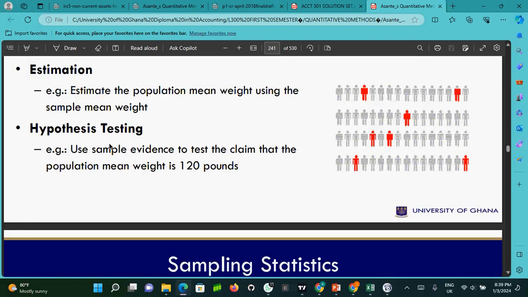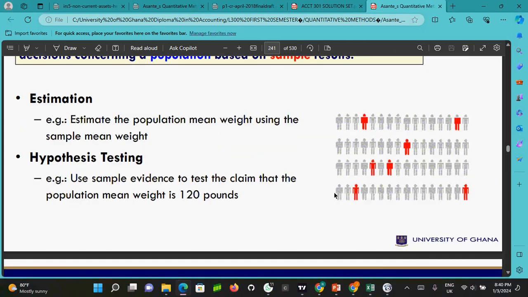Hypothesis testing is similar: using sample evidence to test a claim that the population mean weight is 120 pounds. We select a few of the population, look for their mean, and assume the mean of the whole population is that one. This leads us to something we call sampling error. Sampling error is simply the sample mean minus the population mean.